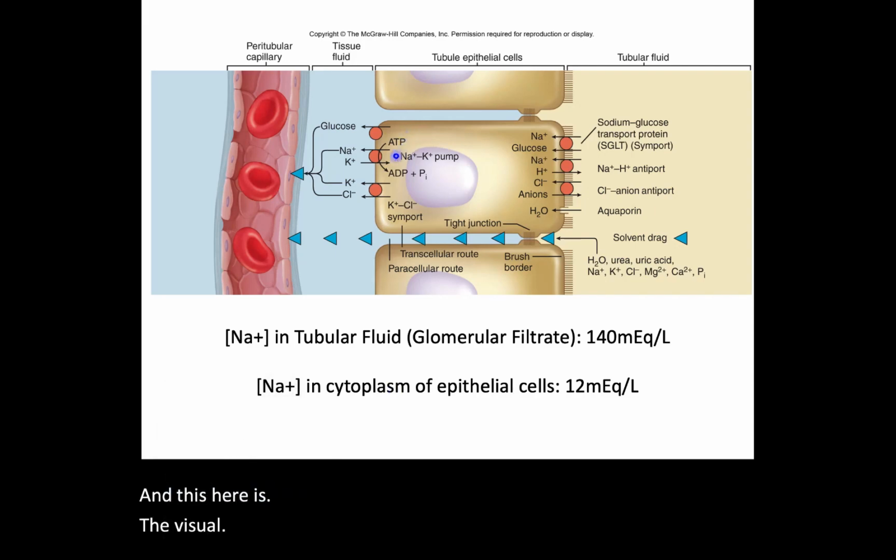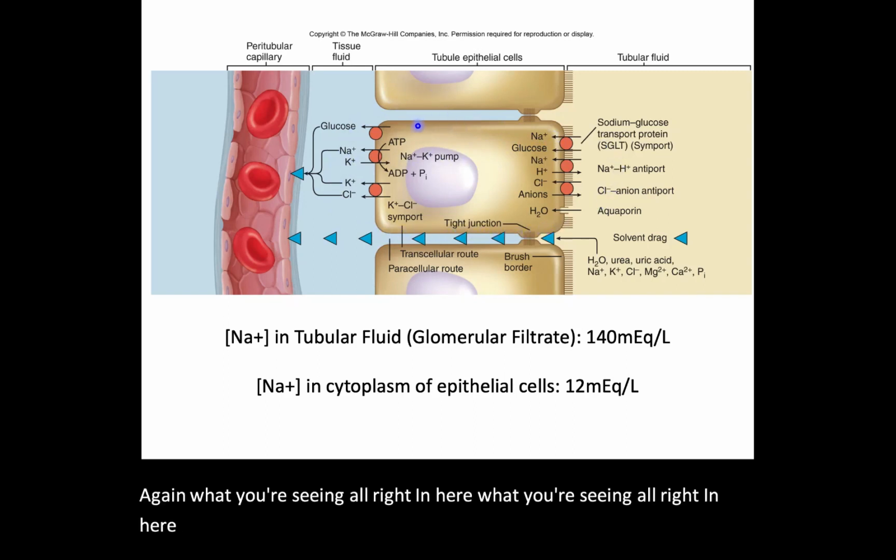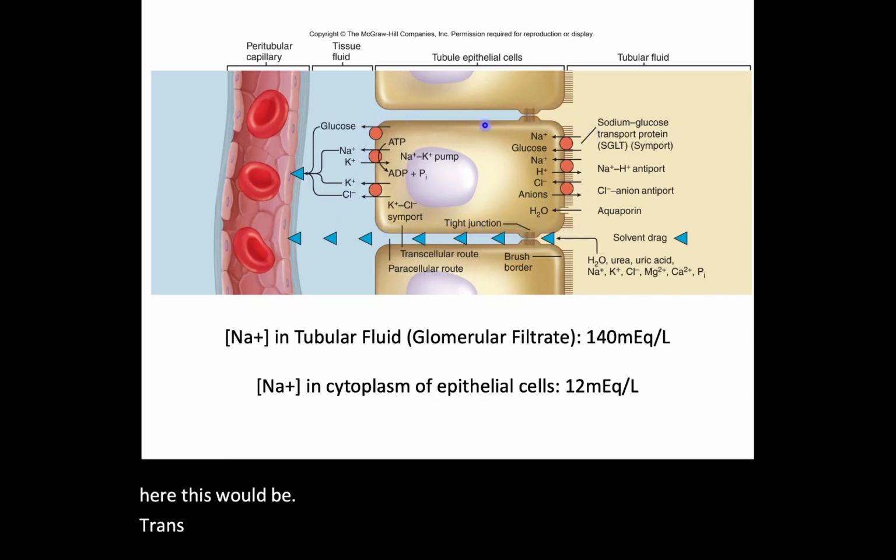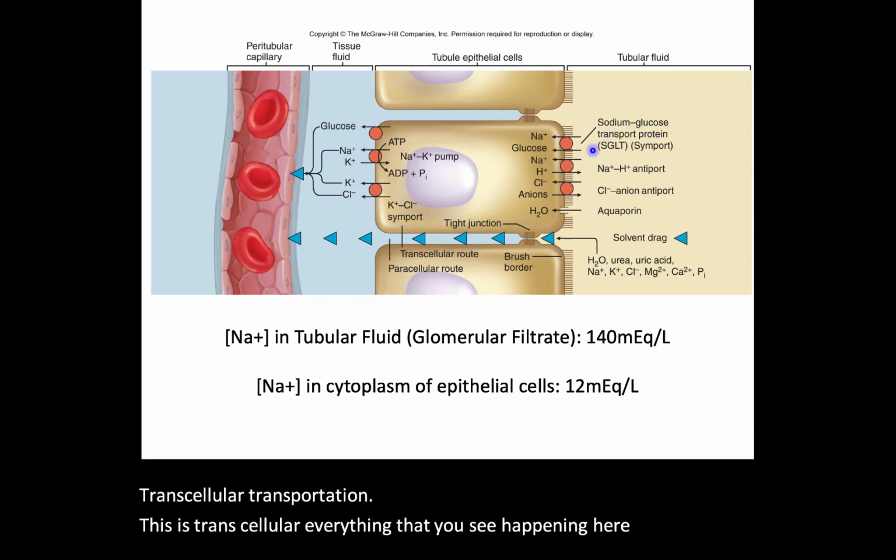And so again, what you're seeing all right in here, this would be the transcellular transportation. Right, this is transcellular, everything that you see happening here. This here would be the lumen of the tubule.